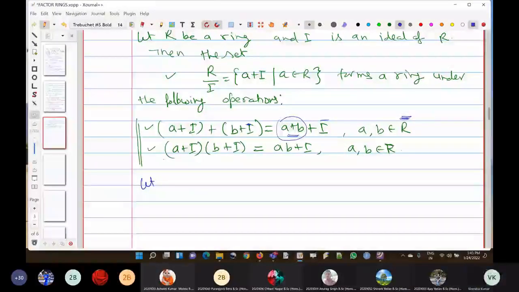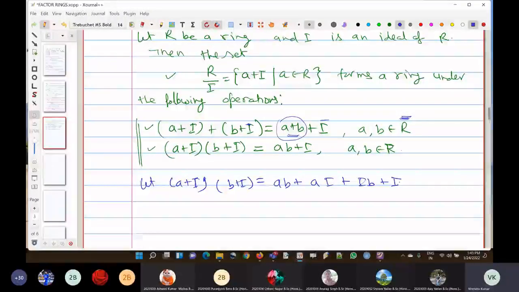In case of product, we can consider A plus I and B plus I, and then we can expand it using the distribution property. So we can write it as AB, and AI plus IB, and plus I times I, it will give you I, because you know that I is an ideal, so it will be closed under multiplication also.